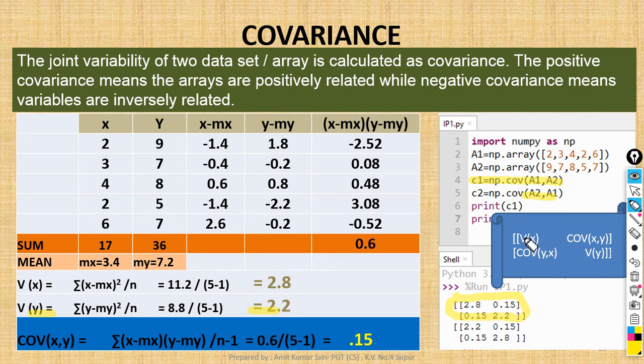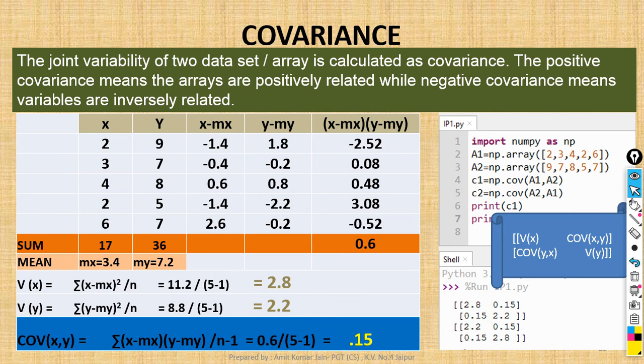The variance of y will come first, and the variance of x, 2.8, will come at the end, and the covariance values are in the right diagonal. So this is how we calculate the covariance in mathematics and in Python.